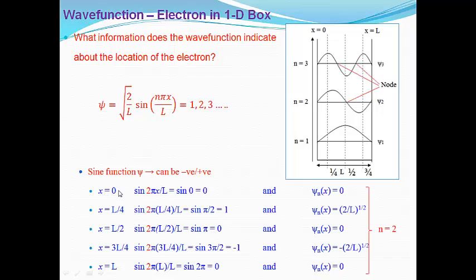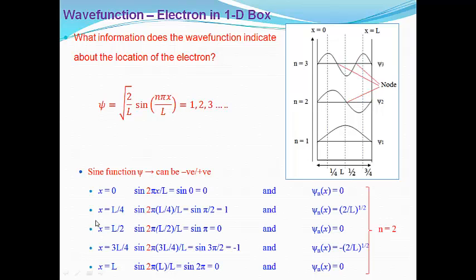So if x is equal to 0, then the whole term here becomes 0. Sine 2 pi x over L is essentially equal to sine 0, which is 0. And as a result, if this is 0, then this is 0. So psi is equal to 0. And by the way, the wave function is described through this notation here, psi, which is a Greek letter.